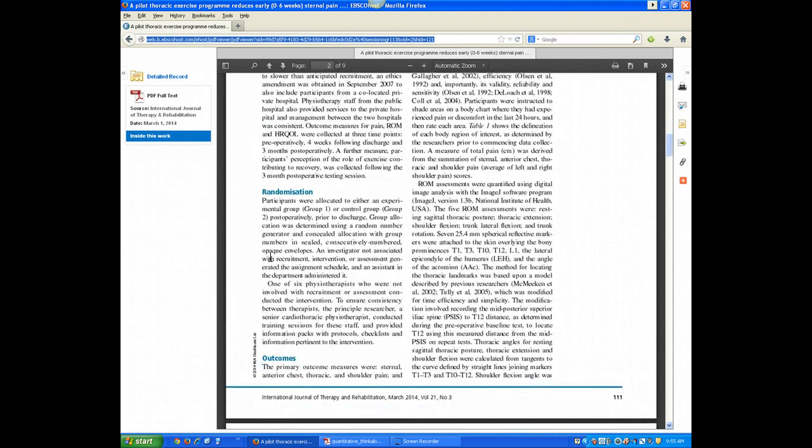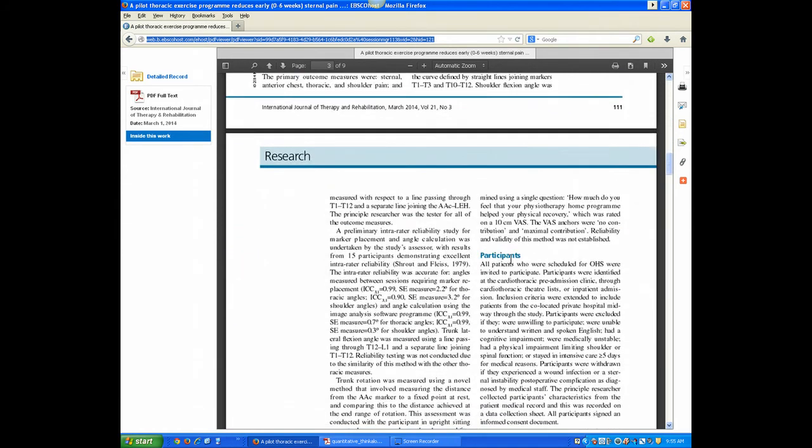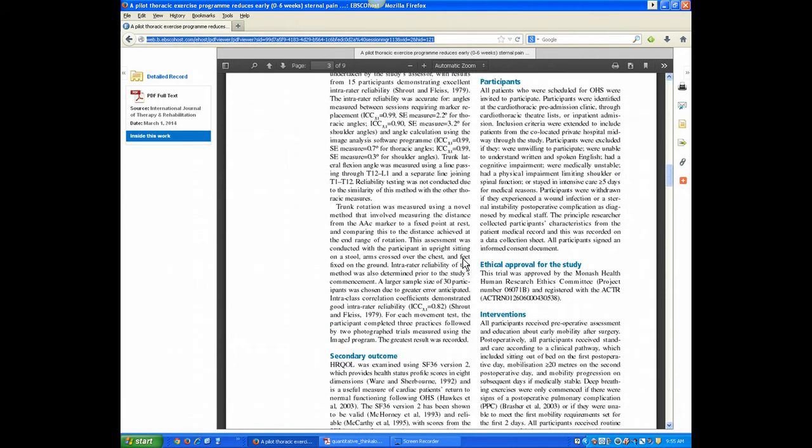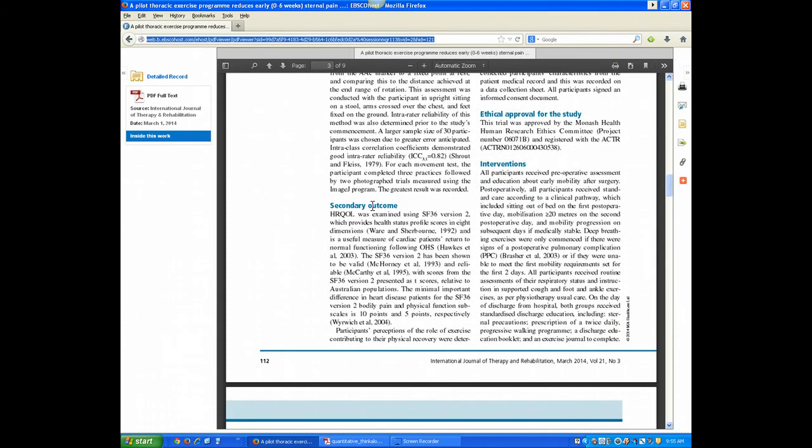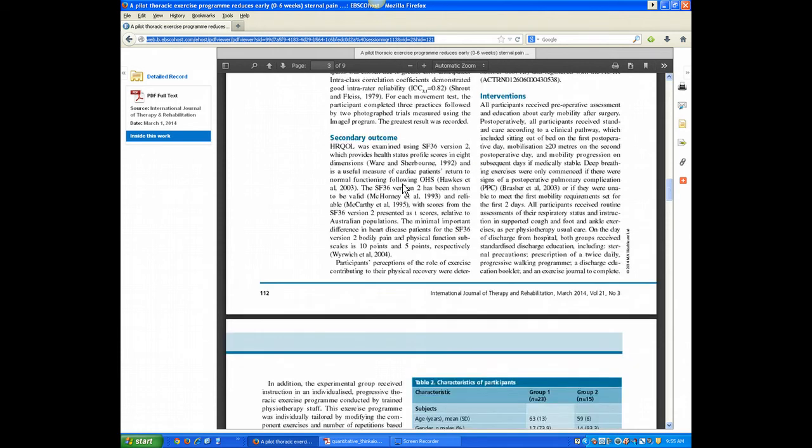We have subheadings under methods, which include descriptions of the participants in the experiment. We have outcomes discussed, interventions, which indicate that the researchers have set up a study and then experimented with different interventions.